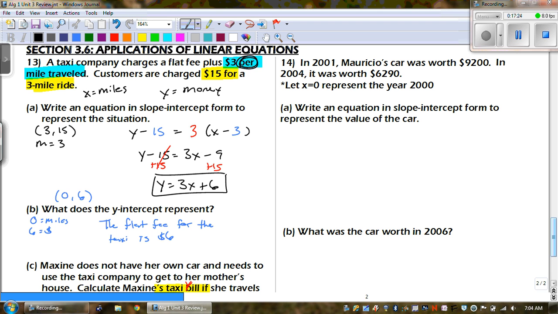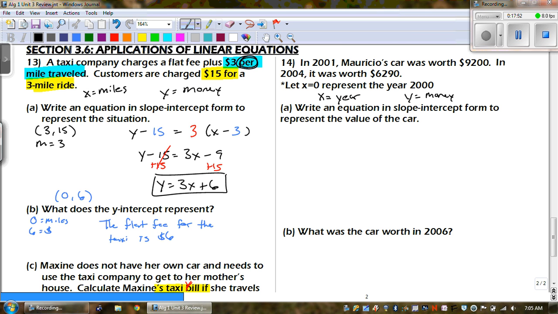Okay, number 14. In 2001, whatever his name's car was worth $9,200. In 2004, it was worth $6,290. Let x equals 0 represent the year 2000. And remember, that just means we're trying to get some smaller numbers. So right there, it's telling us that x equals the year. So that means y equals our money.